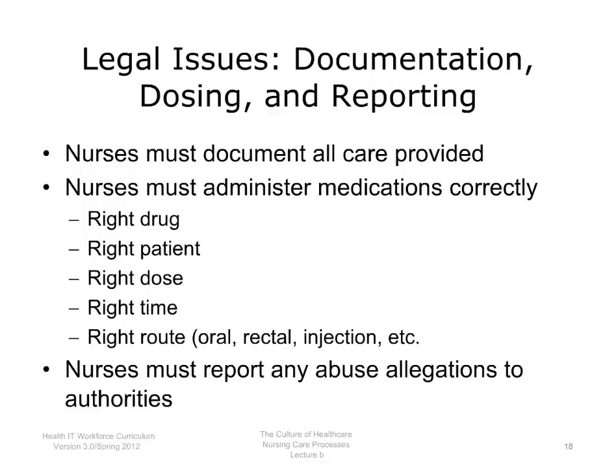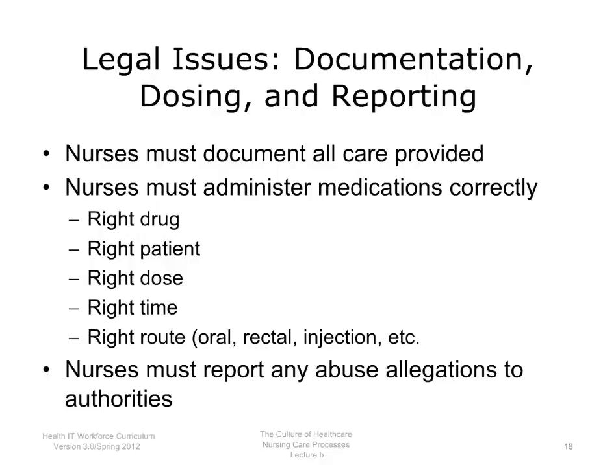Nurses also need to adequately document all the care they give to a patient. This documentation creates a legal record, so it needs to be clear, objective, and thorough. Medication errors cause hundreds of thousands of deaths and injuries in the United States every year, and nurses and their employers can be held liable.